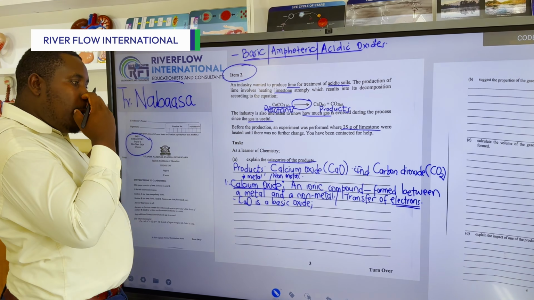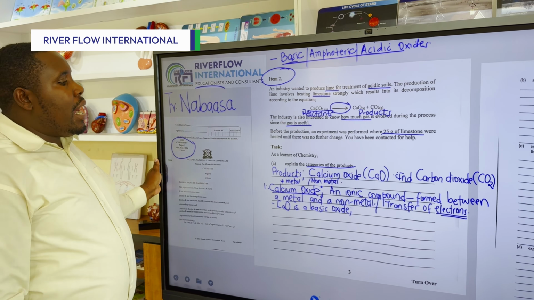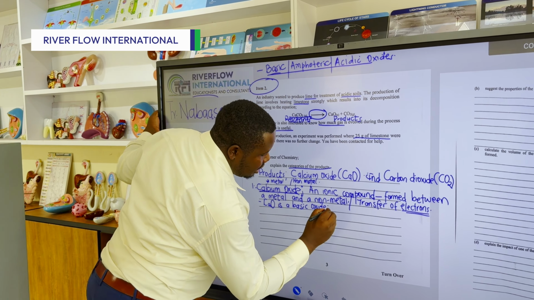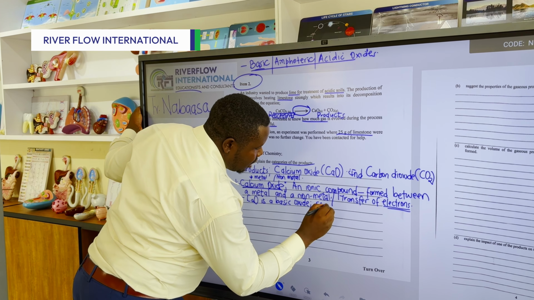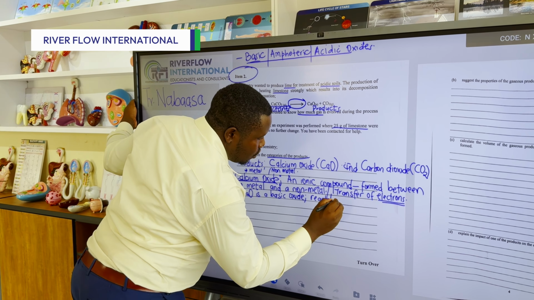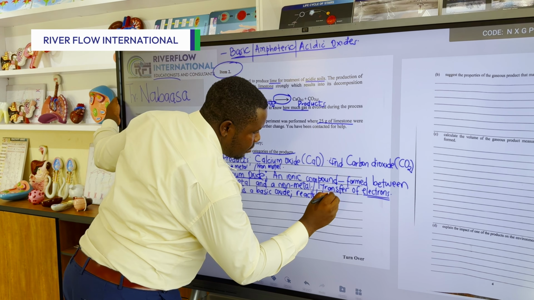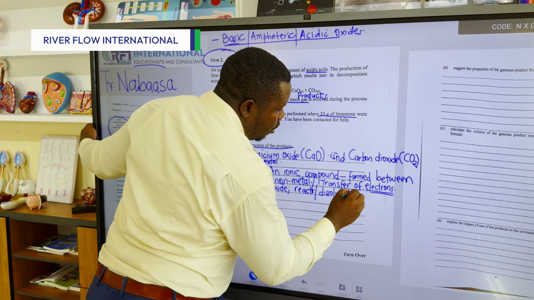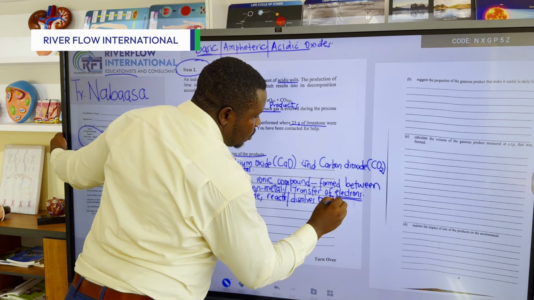Why do we say so? We say so because calcium oxide dissolves in water, reacts with water to form an alkaline solution.